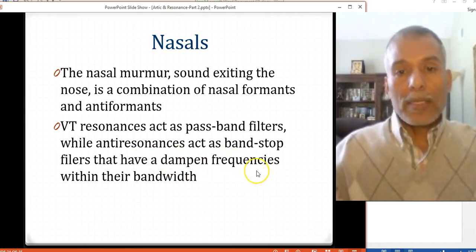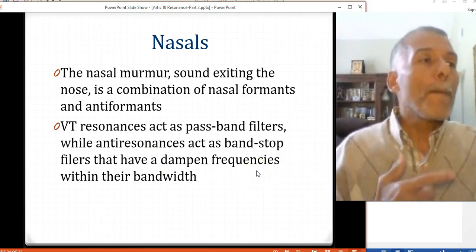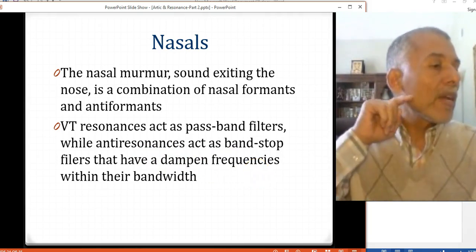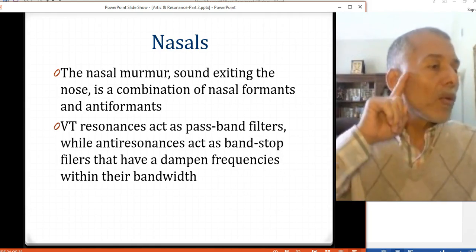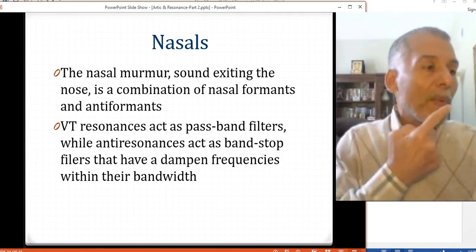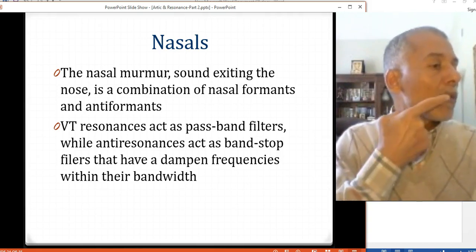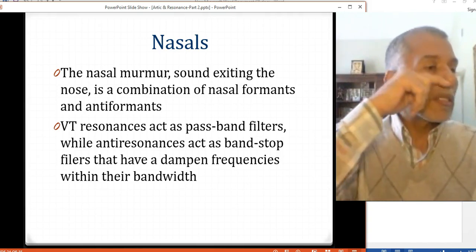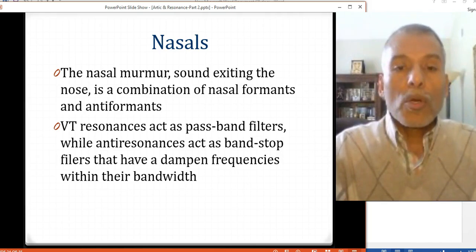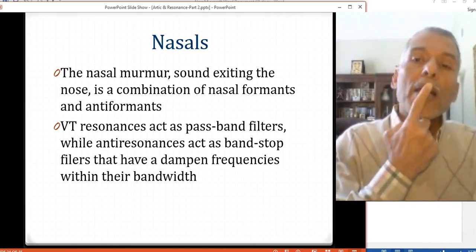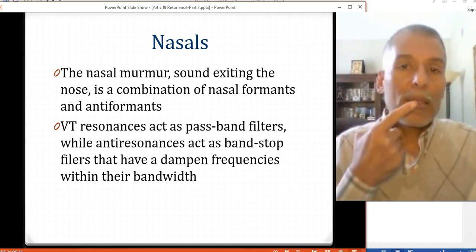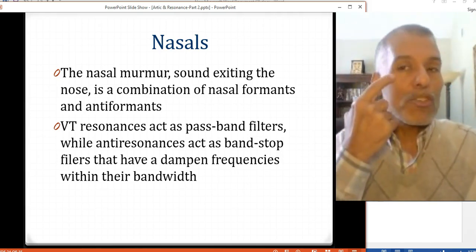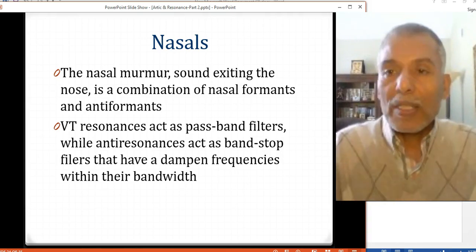So let's take an example. You close your lips, the air hits here, and then some air goes up to the nasal cavity, but the air that is here is going to bounce back and also go through the nasal cavity. So the obstruction of the air by the lips is going to reroute the air, and that's going to make it take a longer journey to exit through the nasal cavity.